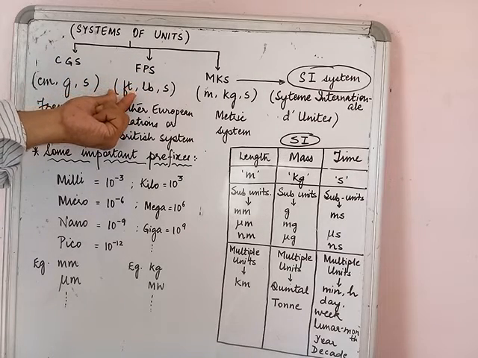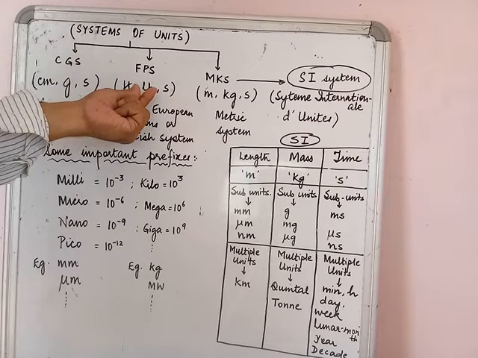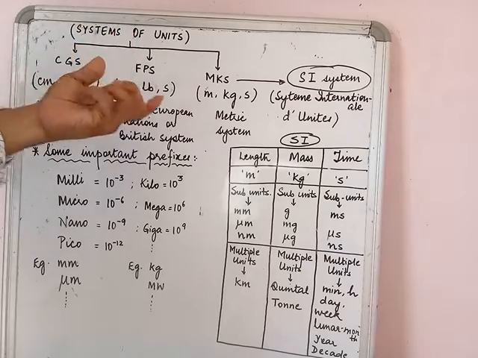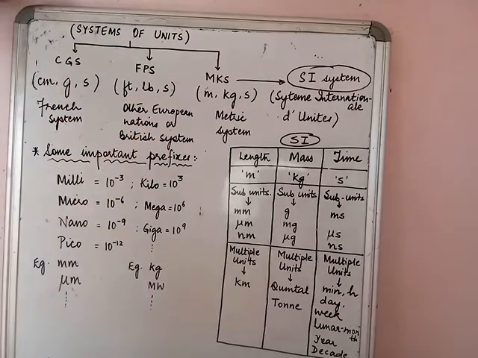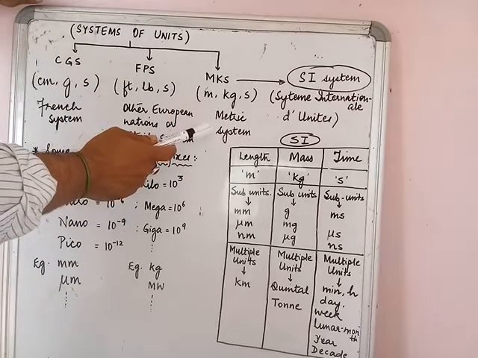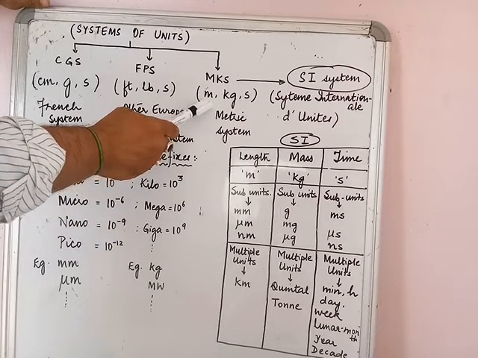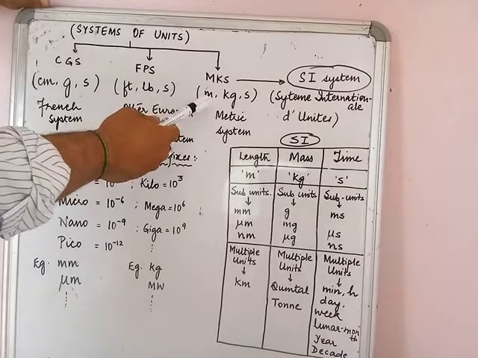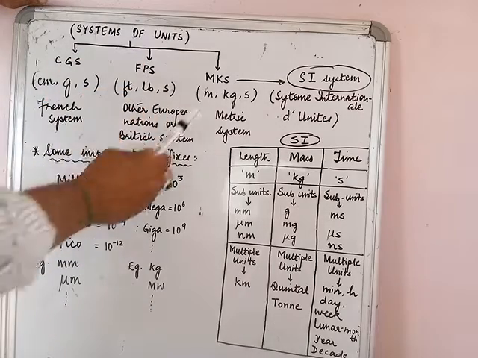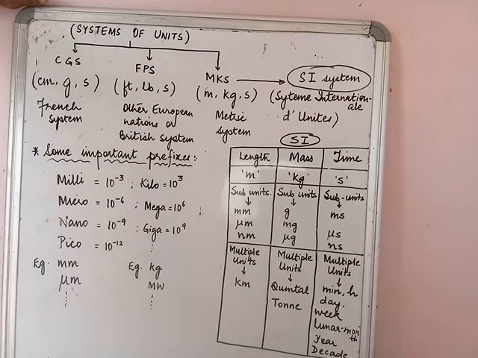So once again, foot is for length, pound is for mass, and S, which is second, is for obviously time. Similarly we had another system known as the MKS system, which was also known as the metric system, and in this we had small m representing meters, which represents once again the length. Similarly kilogram represents the mass, and second represents the time.